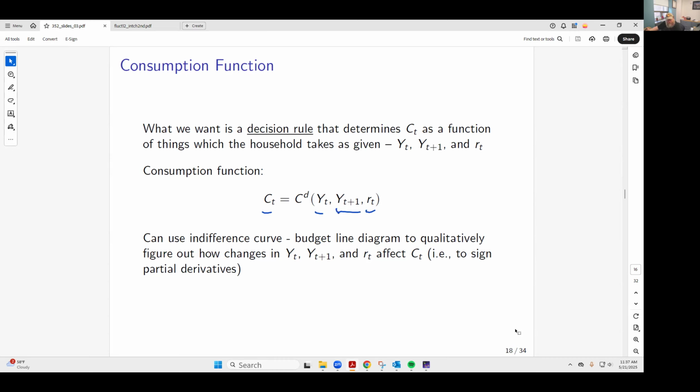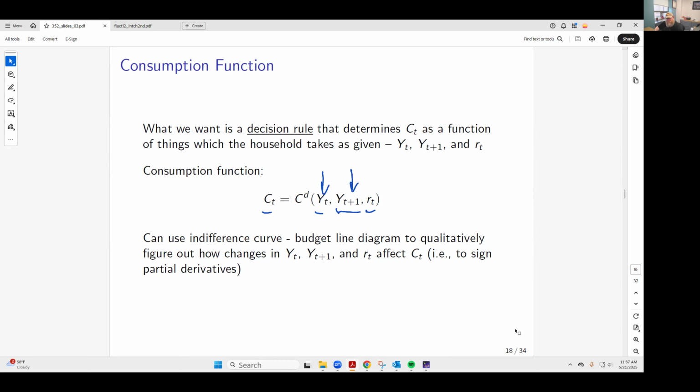The interesting point here is that consumption in the current time period is not simply a function of current income, but is also a function of future income. So basically, I will consume today with respect to what I expect to receive in the future.